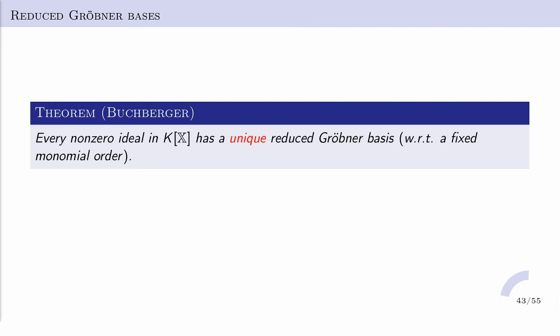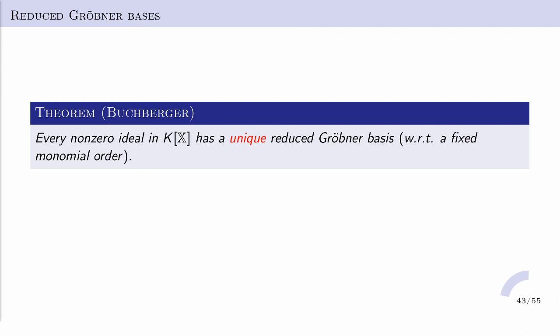This is one of the few facts about Grobner bases that make them useful not only for elimination theory, not only for solving polynomial equations, but for general computer algebra. This theorem lets us represent ideals by their unique Grobner basis, and allows us to do computations with ideals, which is very useful outside the realm of just polynomial equations.